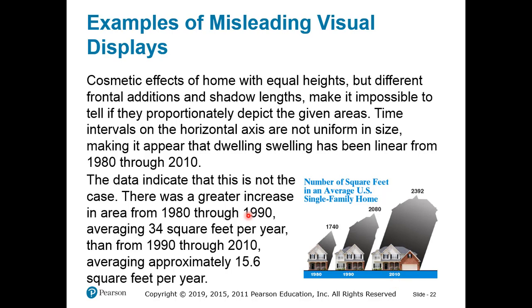So now, the data indicate that this is not the case. There was a greater increase in the area from 1980 through 1990, averaging 34 square feet per year, than from 1990 to 2010. Interesting. The time intervals on the horizontal axis are not uniform in size, making it appear that the dwelling swelling has been linear, which it has not.